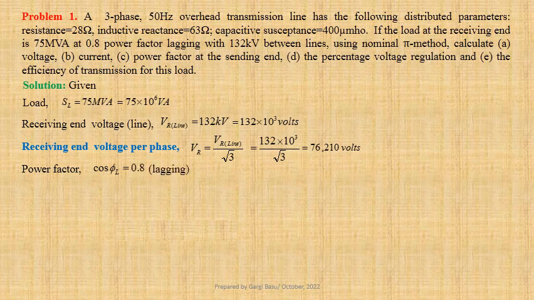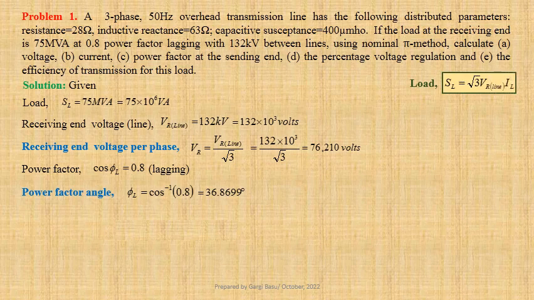Let us now calculate power factor angle. Phi L equals cos inverse 0.8, that is equal to 36.8699 degree. We know that load SL equals root 3 times VR line into IL.